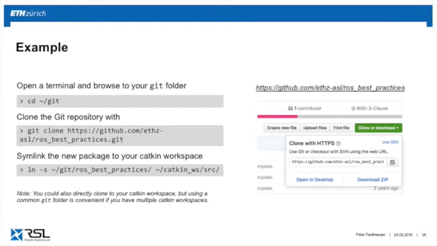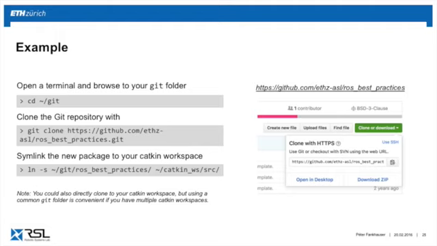Now we come to a second example. What I'd like to do is go, say, on a typical GitHub website and have you download, clone, a Git repository. This is a typical tool that you'll see when working with software. And then we're going to build this on your system. So you can go on the website github.com/ethz-asl/ros_best_practices.